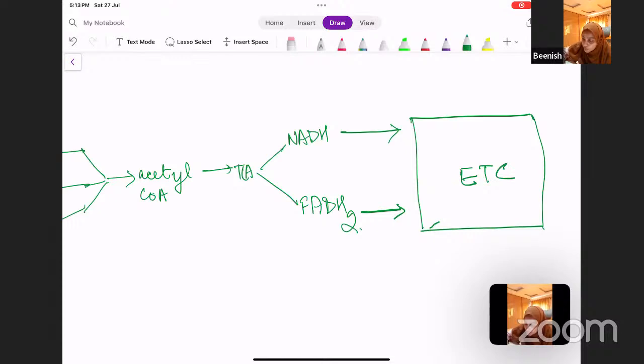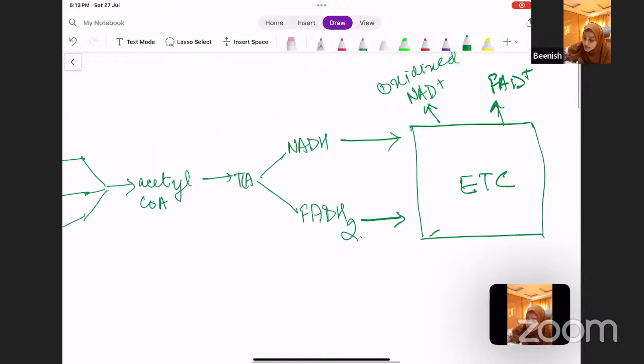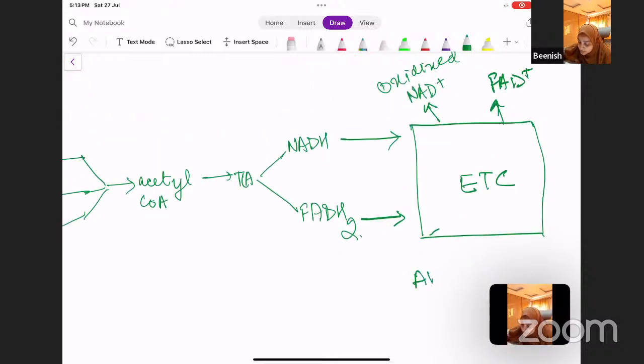Okay. Now what happens in the electron transport chain? So NADH is going to give its electron and get oxidized to NAD plus. And your FADH2 is going to get oxidized to FAD. Whereas at the same time, what is happening? From the ADP, ATP is being synthesized.